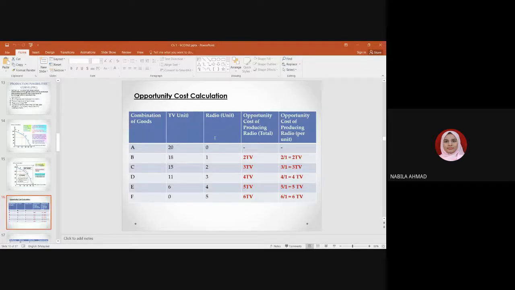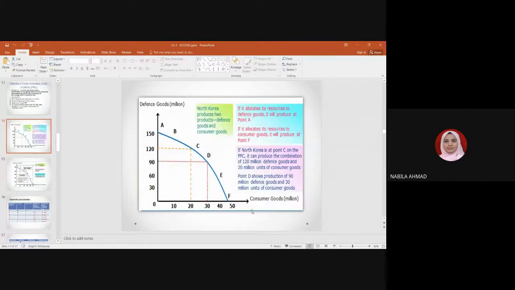So, yang mana kita nak increase ni, radio ni production yang kita nak increase. So radio ni akan jadi di x-axis atau horizontal axis dekat sini. Dan television y-axis ataupun vertical axis. Boleh faham? Sini jadi radio, sini jadi TV.